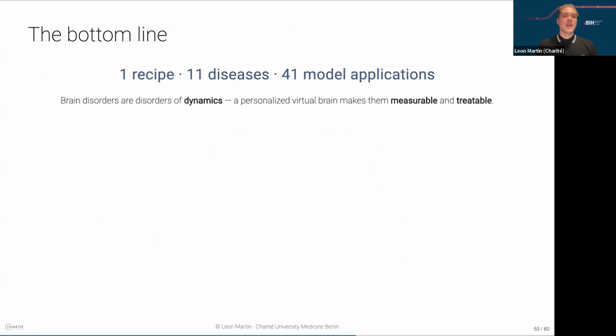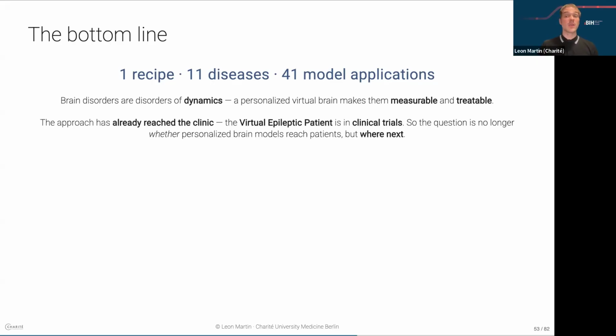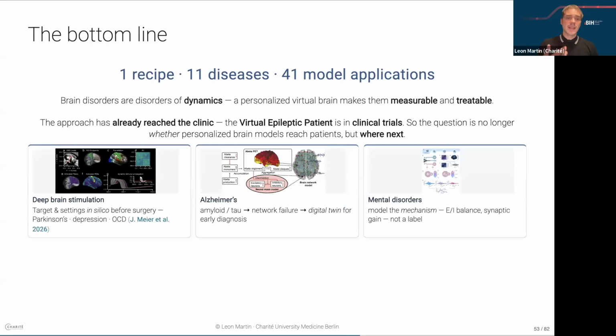So it's a wide range of diseases, and we can say that brain disorders are disorders of networks and dynamics. So we have changes in the dynamics, and we can measure and also treat this with a network-based approach. And it has already reached the clinic with the virtual epileptic patient. So where next?